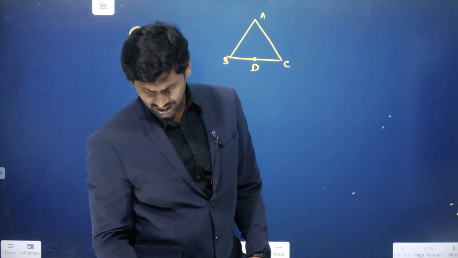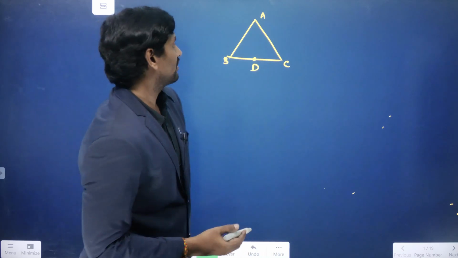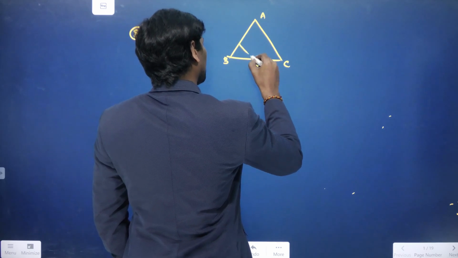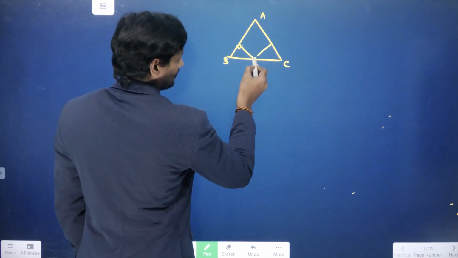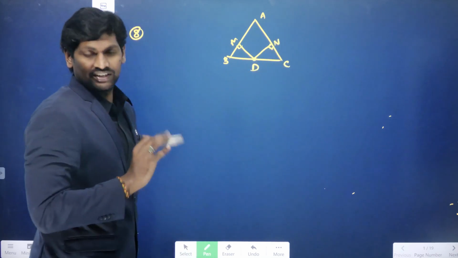And DM and DN are the perpendiculars on AB and AC. DM is perpendicular to AB and DN is perpendicular to AC. Okay, so DM, DN. Right?